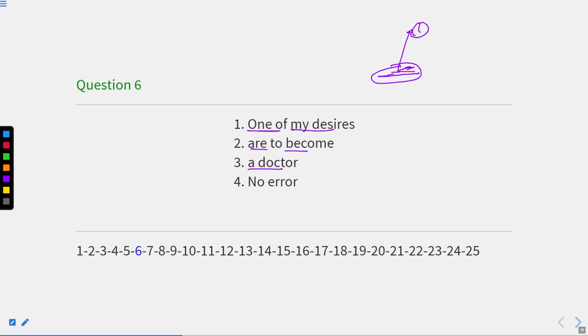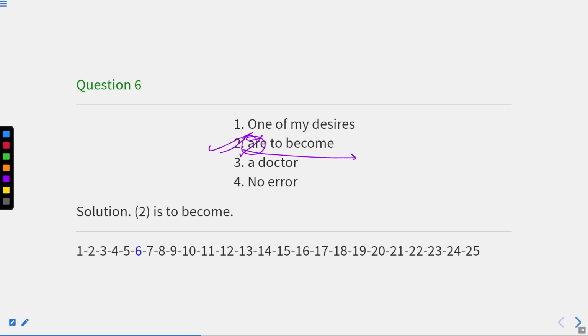So here one means one. Okay, so here it is singular subject. So here are should be replaced with singular verb, that is is. Okay, so because here we have singular subject, we will use a singular form of verb with it. So this are should be replaced with is. Therefore the error is in part 2 where this are should be replaced with is.